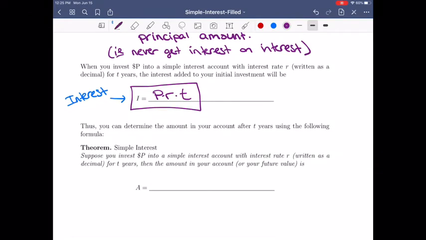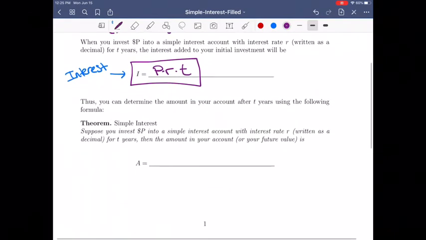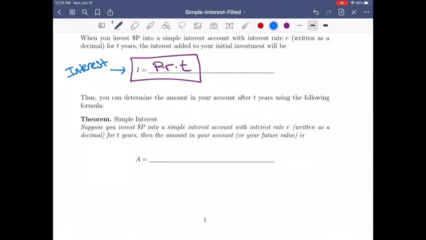You can determine the amount in your account by using the following formula. And this A is what we usually use when we're talking about a future value. It's the amount in your account after T years.